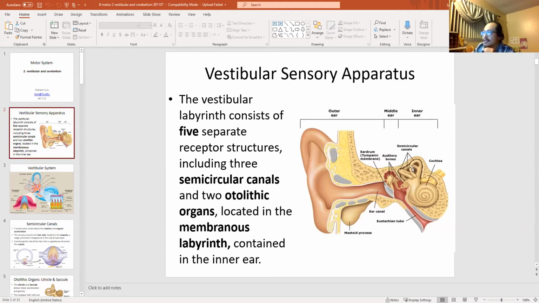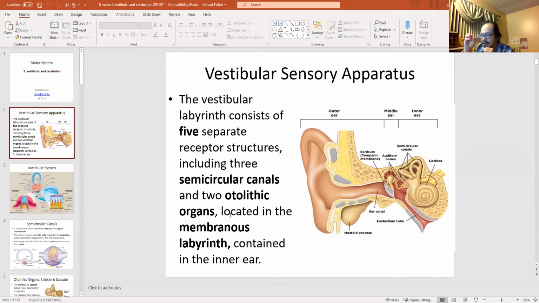These organelles are located in the membranous labyrinth. So this is this tubule, and within these containers is the endolymph, the special fluid. So that's five separate receptor structures, including three semicircular canals and the two otolithic organs.